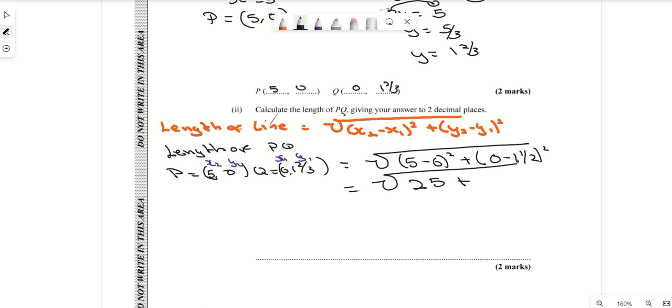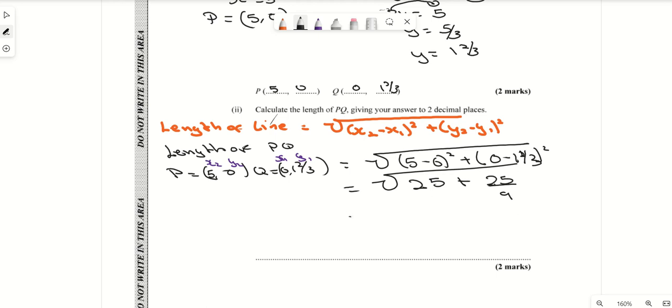Which is equal to the square root of 5 squared, which is 25, plus 1 and 2/3 squared. Use your calculator, guys, that would be 25 over 9.